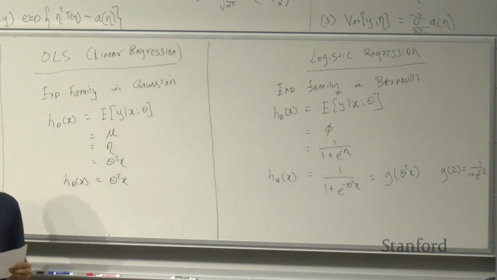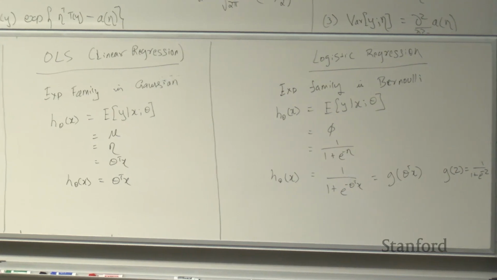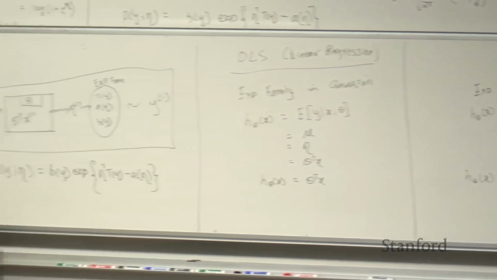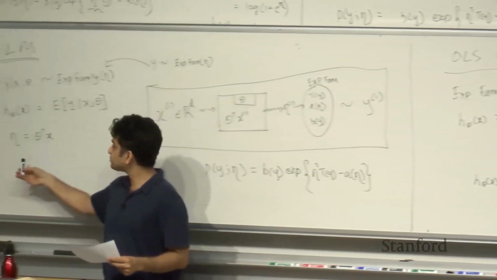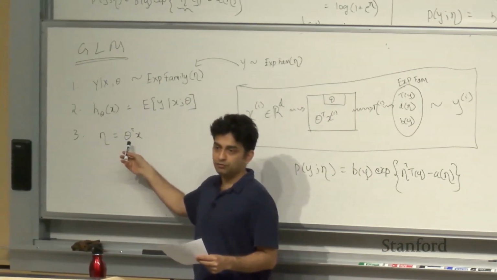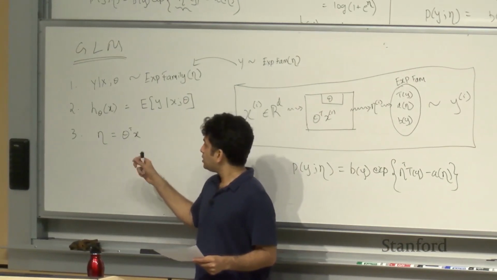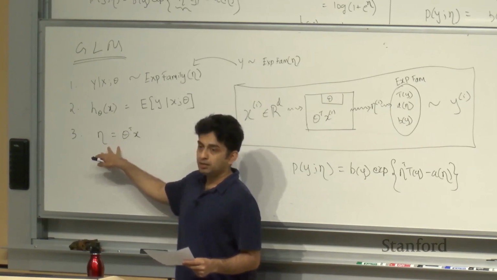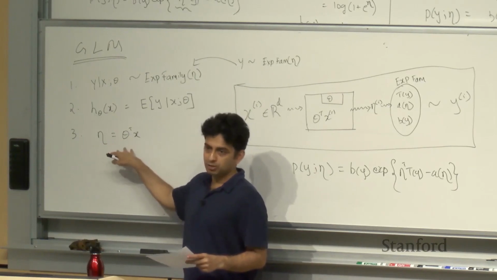Yes, question? Was there a mathematical reason for our third assumption? So this is a modeling choice where you're making an assumption that the natural parameter is a linear combination of your x's. You can make this relation as complex as possible in general.